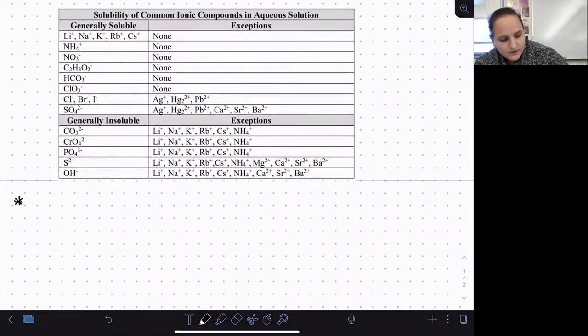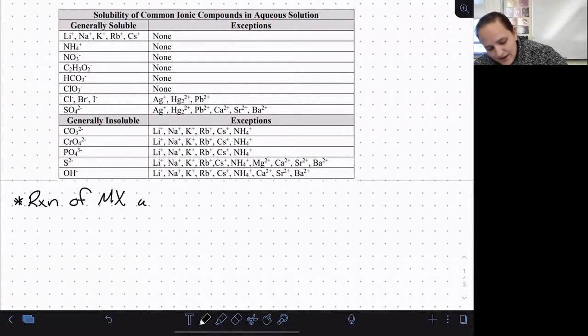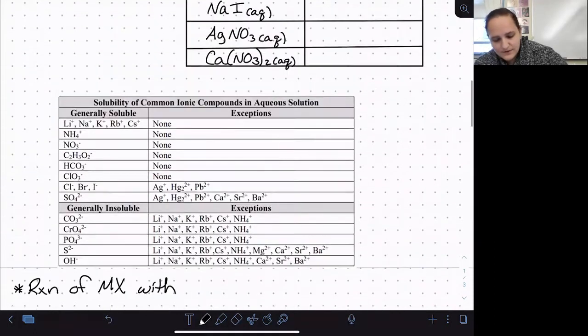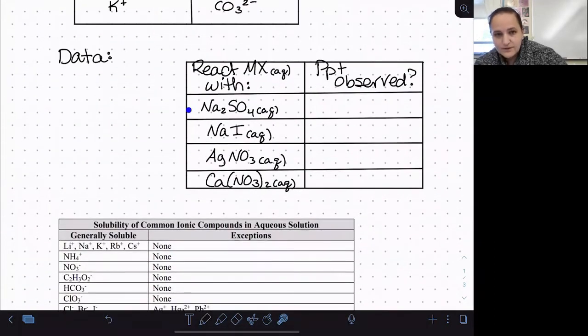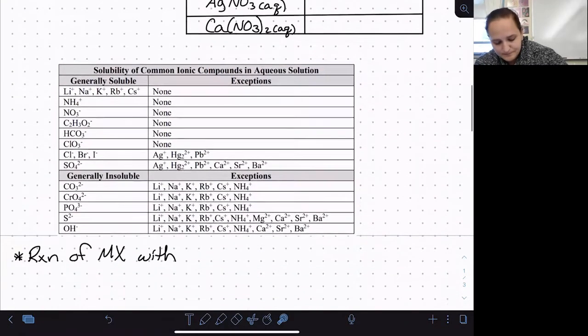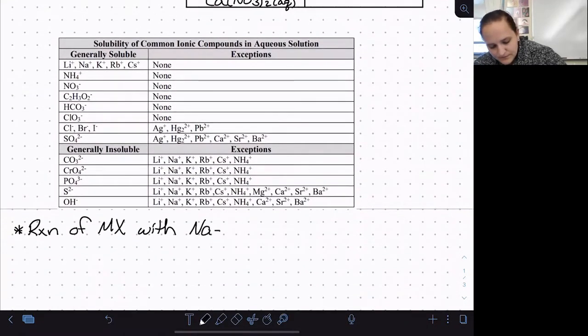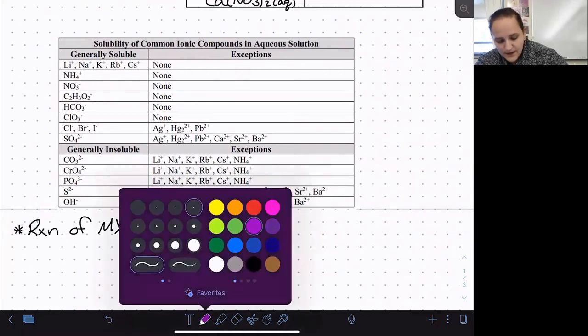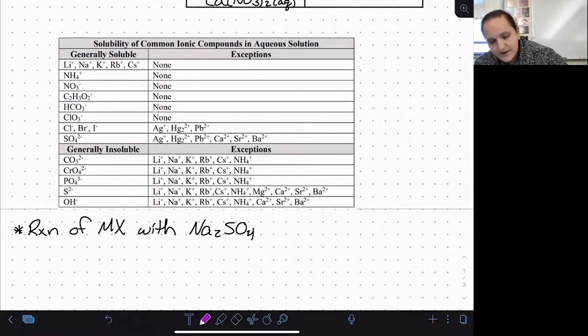So we're going to do 4 different reactions. Our unknown is MX. If we react MX first with sodium sulfate, Na2SO4, we can think about what will happen. When these 2 things react, they will undergo a double replacement reaction where our cations swap partners, just like normal.